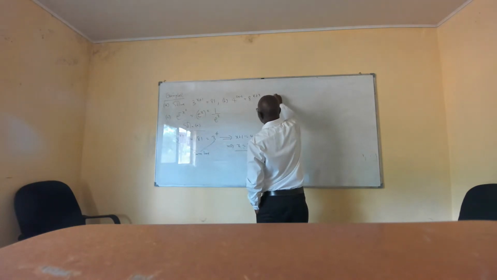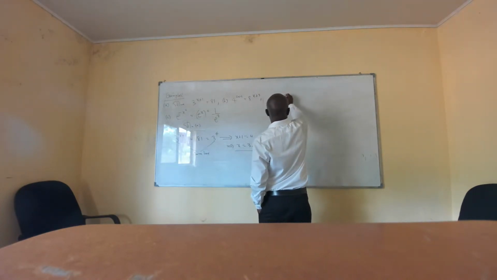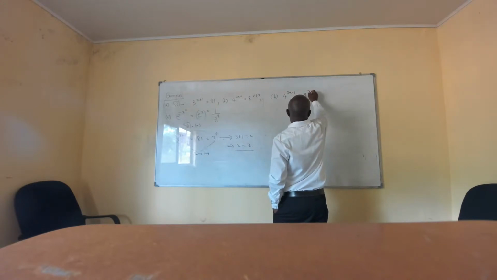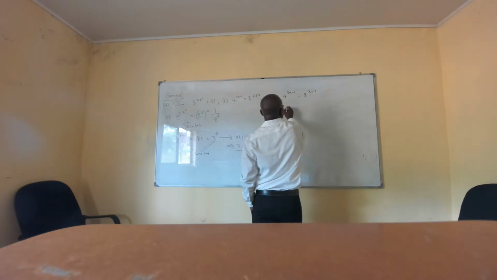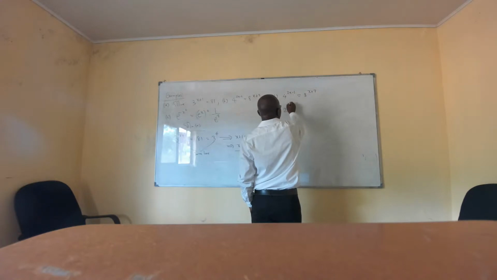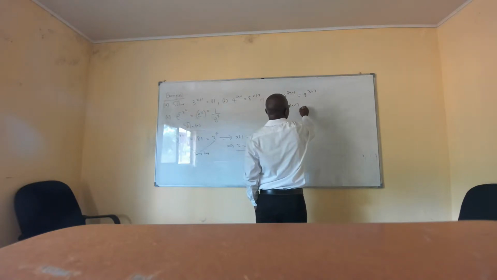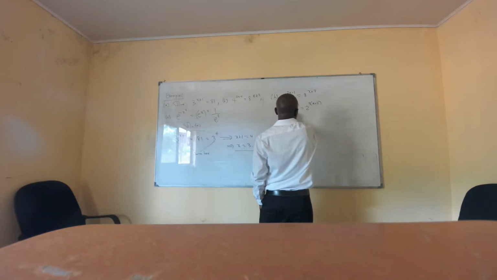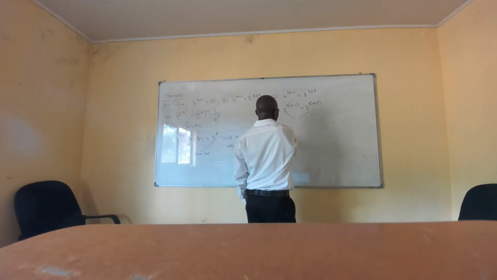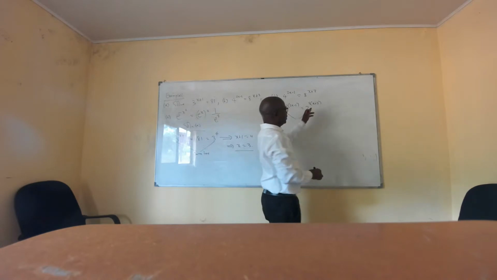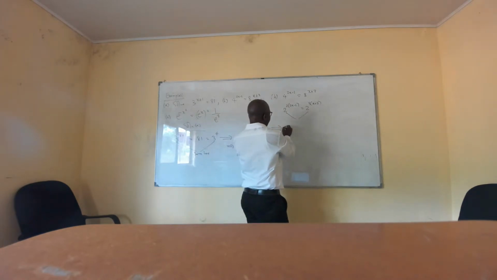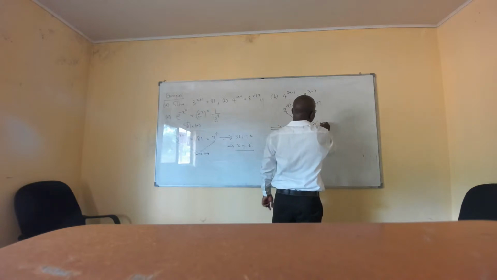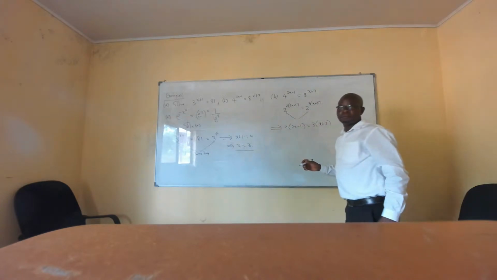For B, we have 4 to the power 2x minus 1 equals 8 to the power x plus 3, but I can write this as 2 to the power 2 and 2 to the power 3. So same base: if this happens, then 2 times (2x minus 1) should be 3 times (x plus 3).